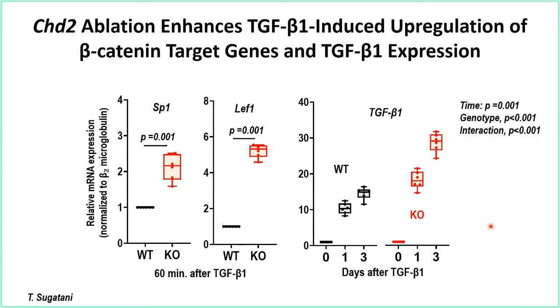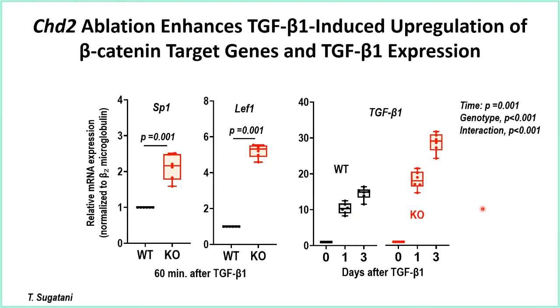It can stimulate its own expression. It does so in wild-type cells, but more so in N-cadherin knockout cells. And this is all significant, suggesting that, in fact, lack of N-cadherin is a significant enhancer of TGF-β1 dependent TGF-β1 production.